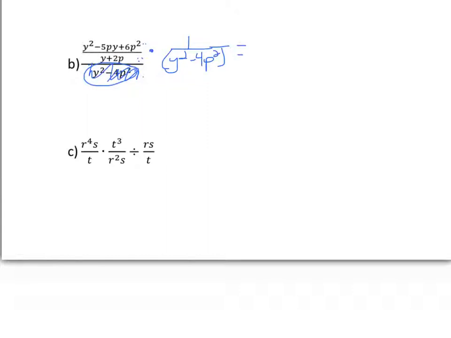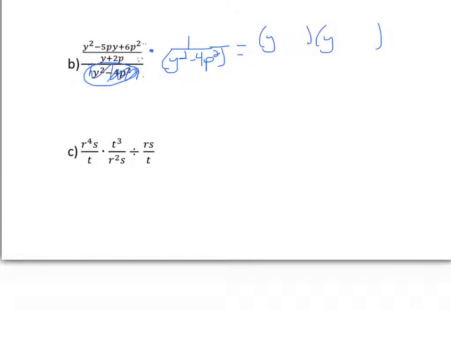We can factor anything that we can up on top. We're going to get a y and a y, and we know we have the p's there, so we need to find numbers that multiply to positive 6p squared and add to negative 5py.